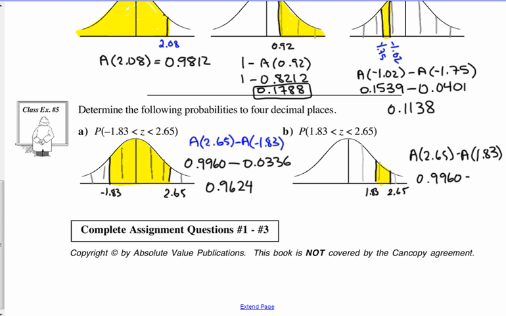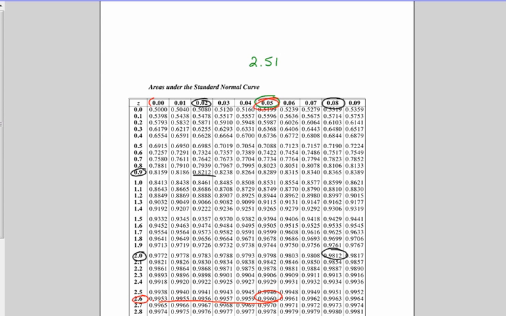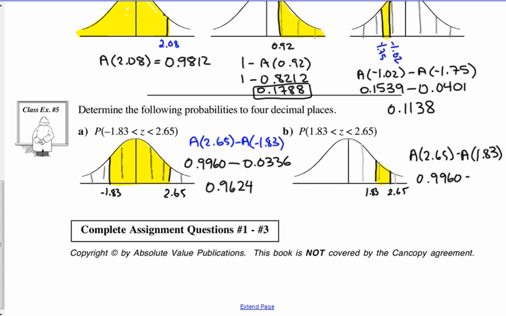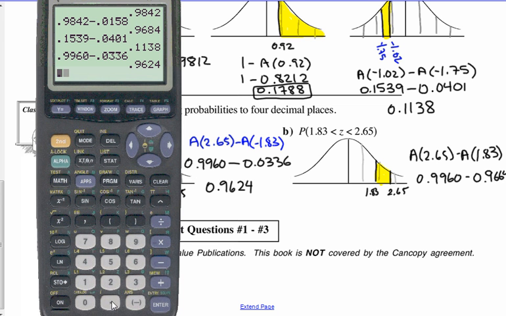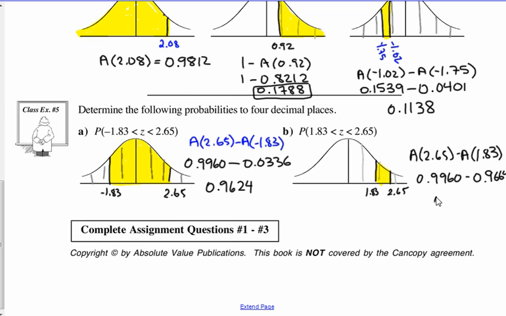So that one stayed the same, but for 1.83, we want the positive. 1.8 and 3 meets at 0.9664. And now we subtract. 0.9960 minus 0.9664 gives us an area of 0.0296.